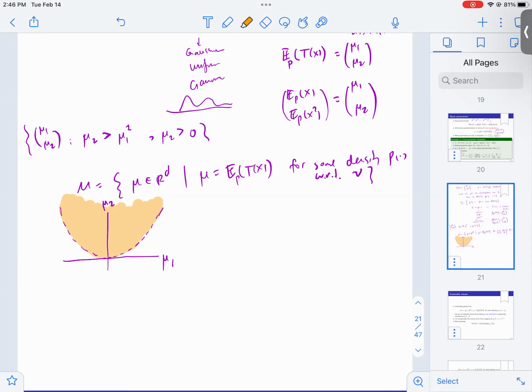Sounds good. So building towards that result that I want to talk about, but everyone understands this set of realizable means, sort of, right? So so far there's no exponential families. Okay, so this is the set of all possible realizable means by density. So remember, these were ingredients.